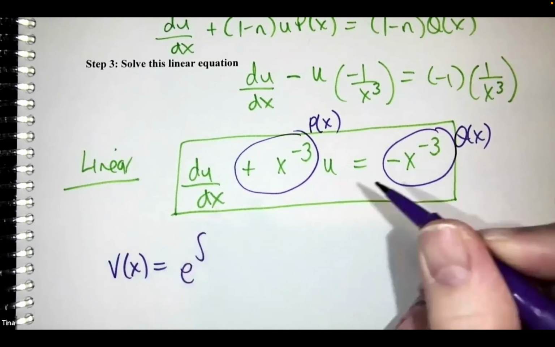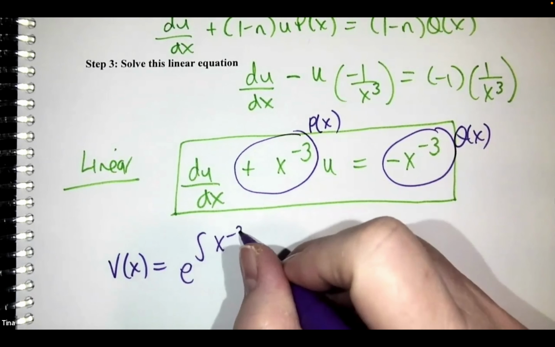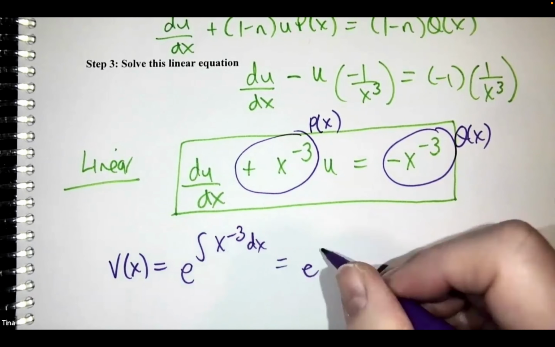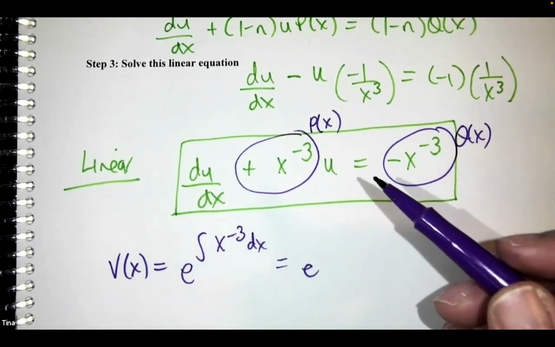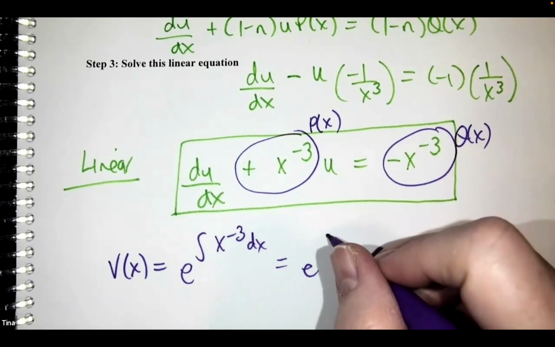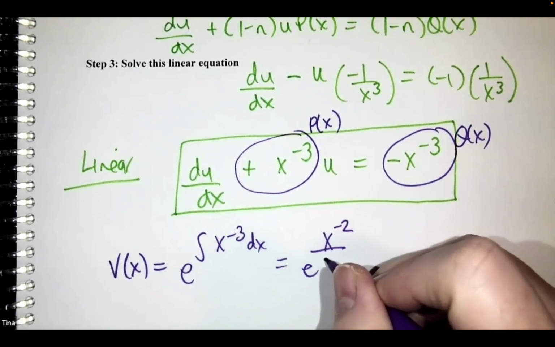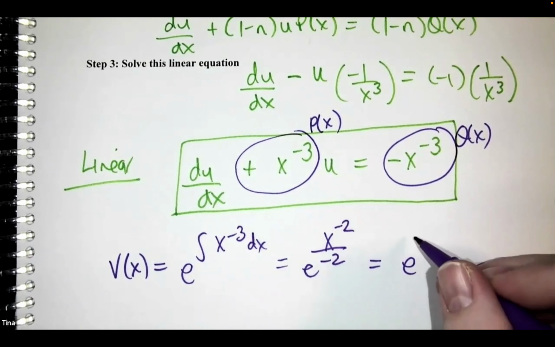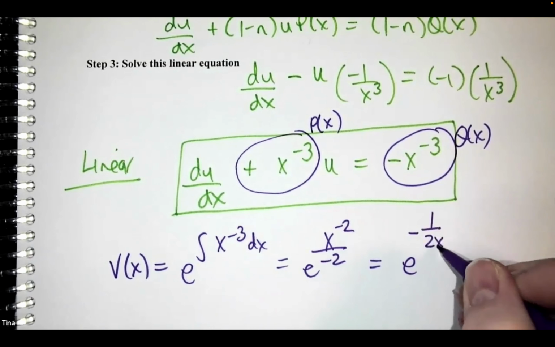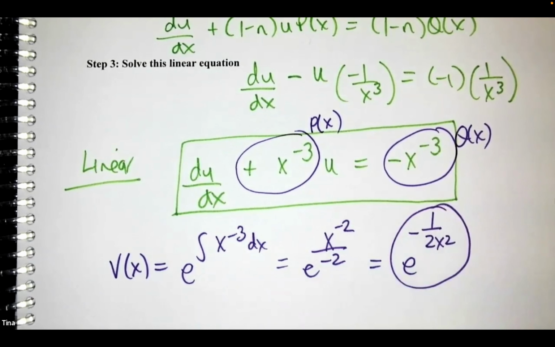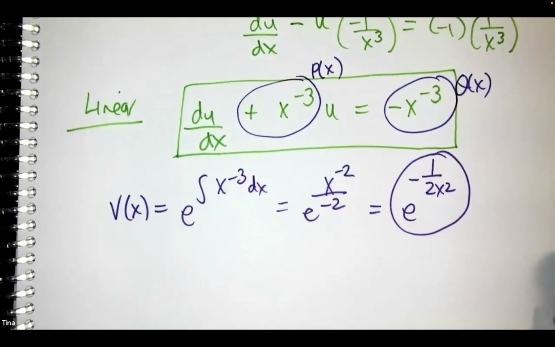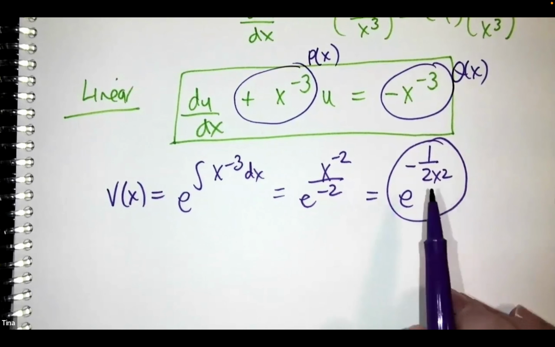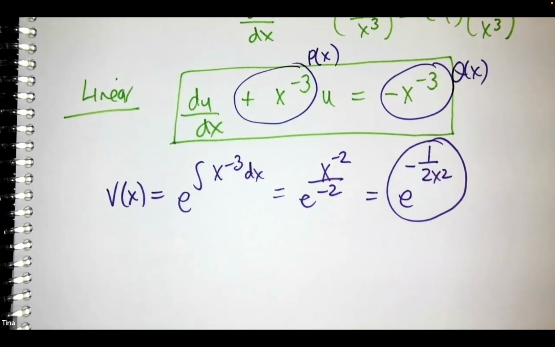So we get e to the integral of x to the negative 3. So that's e to the x to the negative 3 plus 1, so x to the negative 2 over negative 2. So maybe we write it as negative 1 over 2x squared like that. We could move the x to the negative 2 down to the bottom and make it positive, and then we usually stick a negative in front or up top.